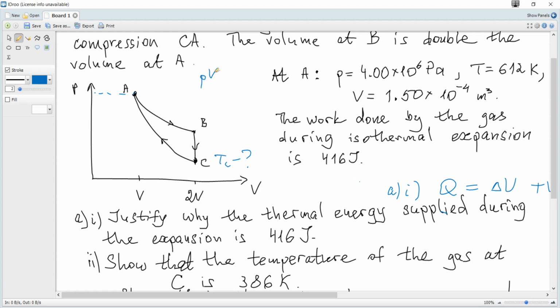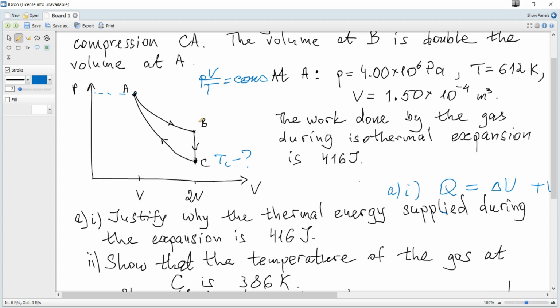You remember the general formula PV over T is constant provided that mass is constant, and if additionally V is constant, it becomes P over T is constant, but we don't know the pressure at C, so this formula cannot be applied.